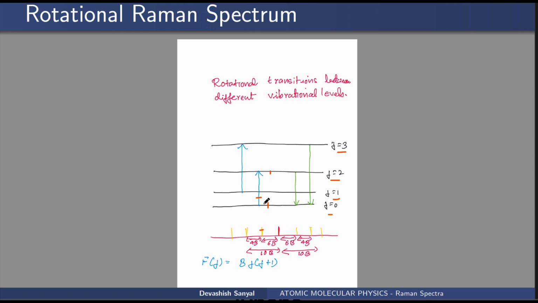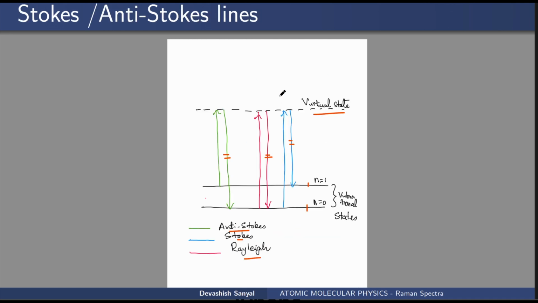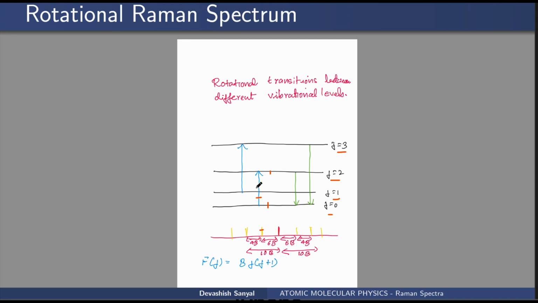Okay? Or a molecule can go from, say, J is equal to 1 to J is equal to 3 in the same vibration level, effectively. Because all these transitions are taking place via the virtual state. So it goes to the virtual state and then falls back. So from J is equal to 2, it goes to the virtual state, and then it falls back to J is equal to 3.